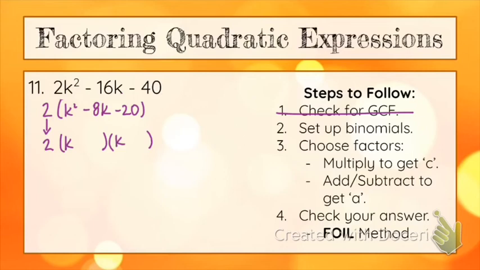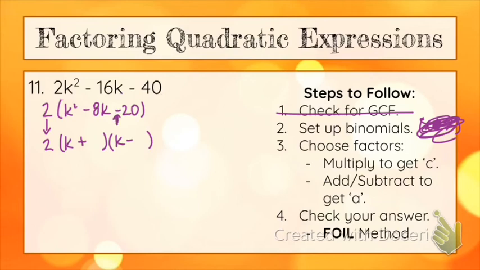So we need to also choose our signs. Okay, so we need them to multiply to get a negative number. So if we multiply to get a negative number, they have to be different signs. They can't be the same sign, because a negative times a negative is positive and a positive times a positive is positive.